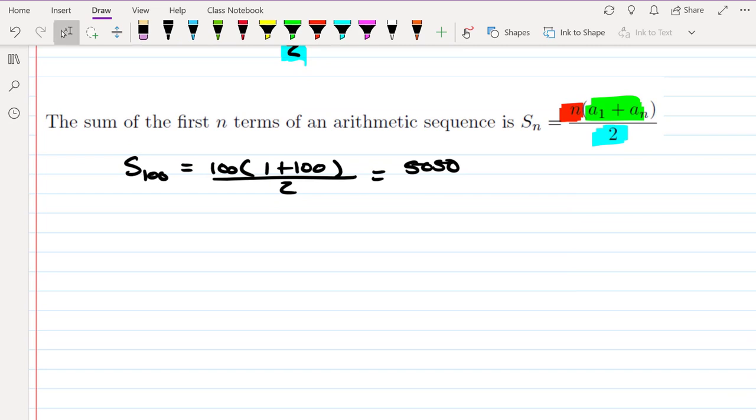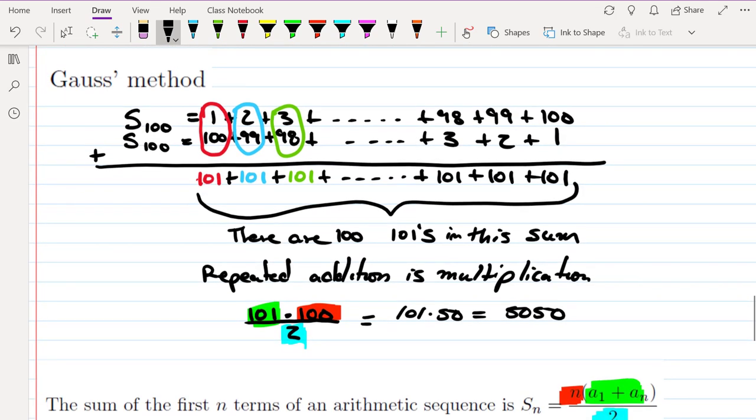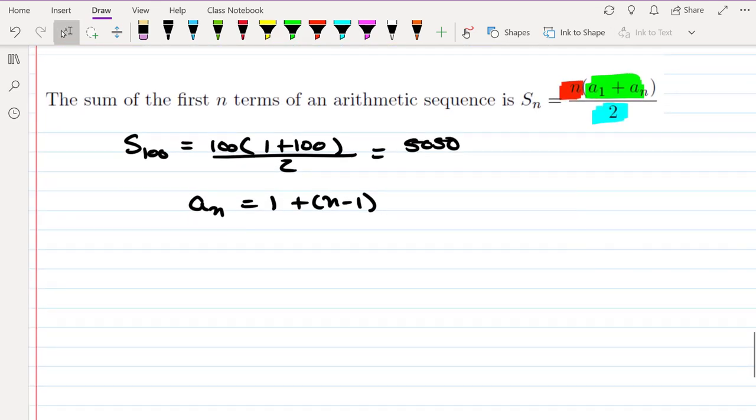So if we were to write out 1 plus 2 plus 3 as an arithmetic sequence, our general term is 1 plus n minus 1 times d. Well, our d in this case is 1, we're adding 1 to get to the next term every time. So then this is going to be 1 plus n minus 1, which just gives us n.